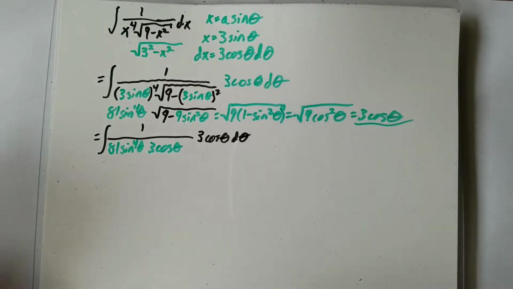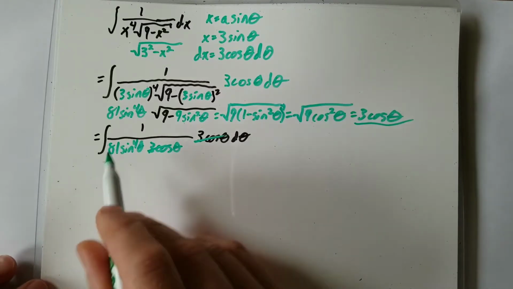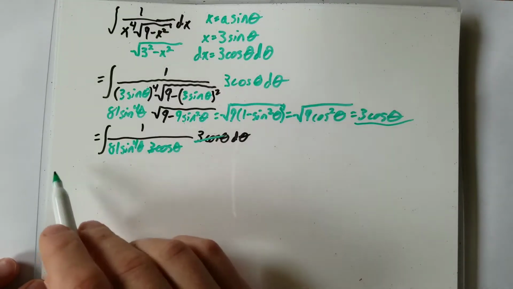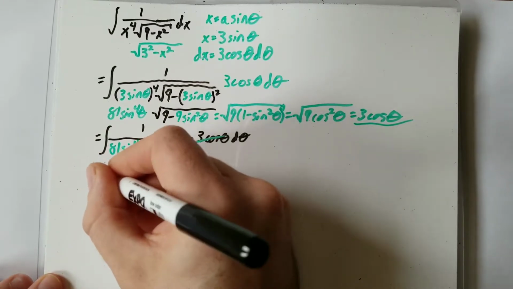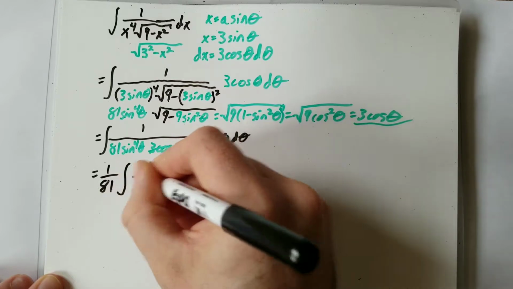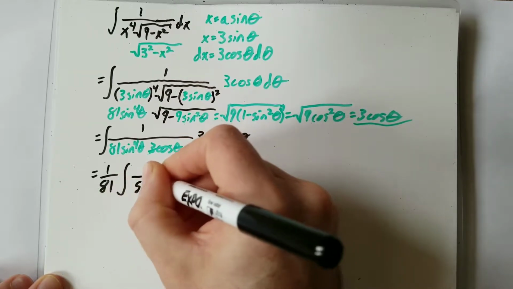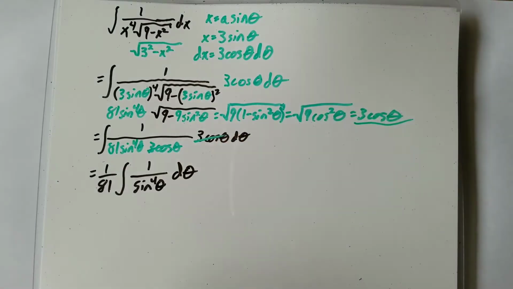All right, now with that out of the way, we see that this cancels out and this cancels out. And then we can pull our 1 over 81 out to the front of the integral. So that gives us 1 over 81 times the integral of 1 over sine to the 4th theta d theta.